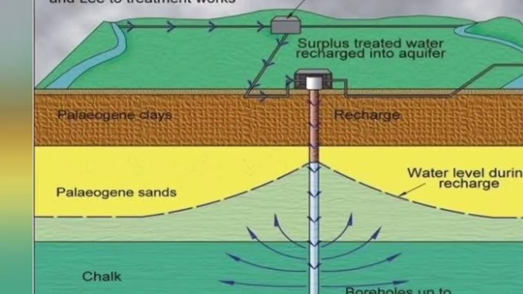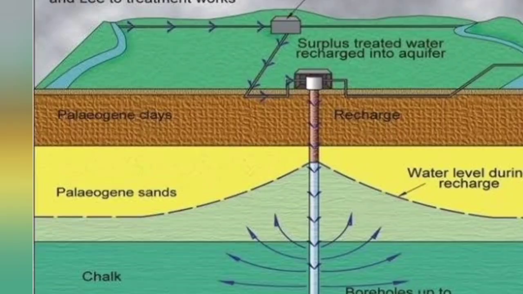So we need these artificial recharge techniques, and this is also used to improve the quality of existing groundwater through dilution, and finally to remove bacteriological and other impurities from the sewage and wastewater, so that this water is suitable for reuse.